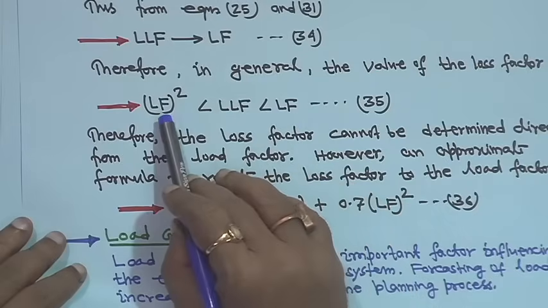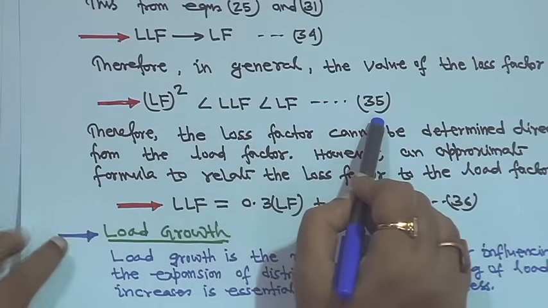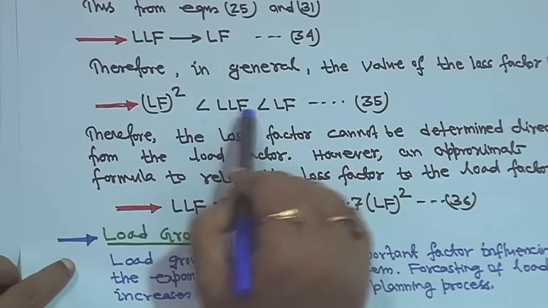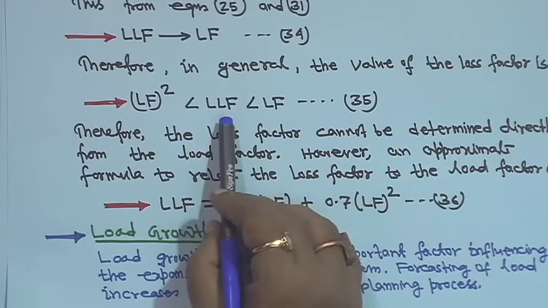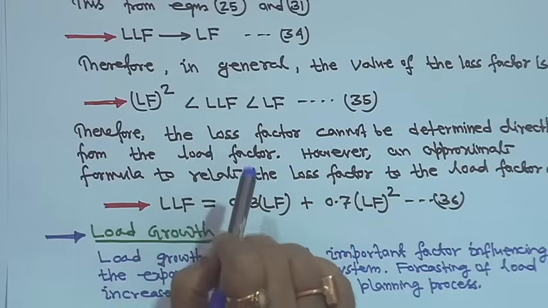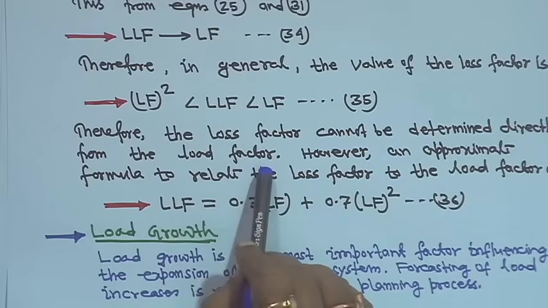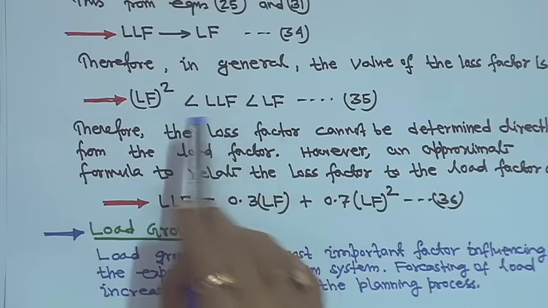This is the condition for the loss factor that can be established, but in general it has been observed that the loss factor cannot be determined directly from the load factor, it is not possible.